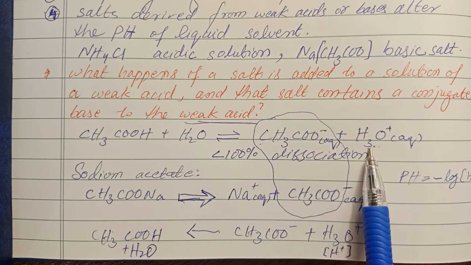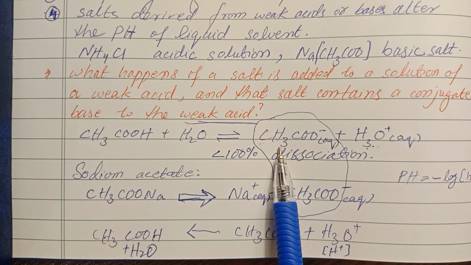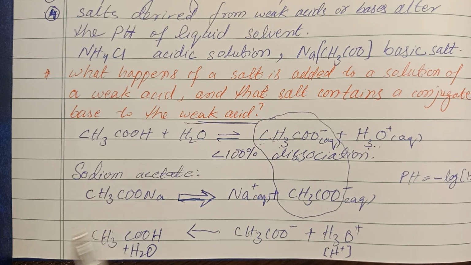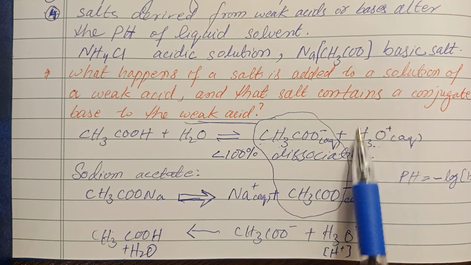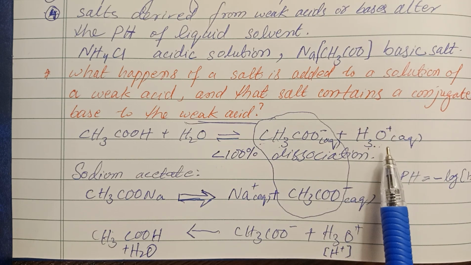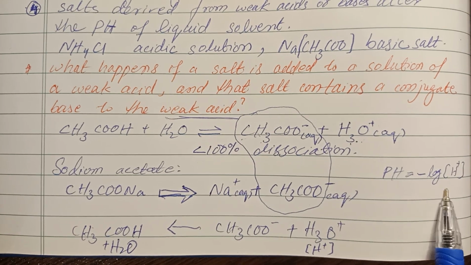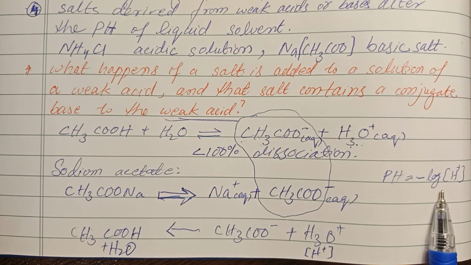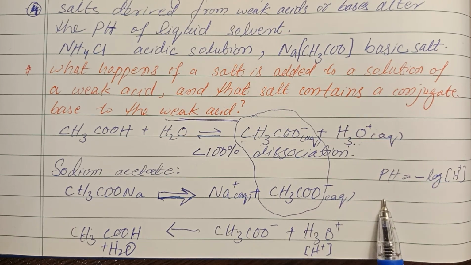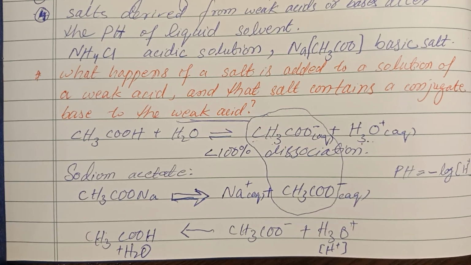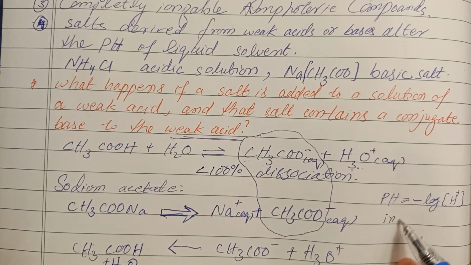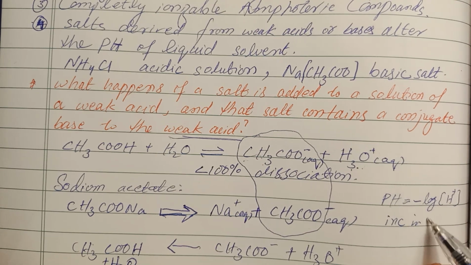It means that the protons are combining with the conjugate base to make the acidic form, which means that the number of hydrogen ions is decreasing, and overall decreasing the hydrogen ion concentration will lead to an increase in pH value.